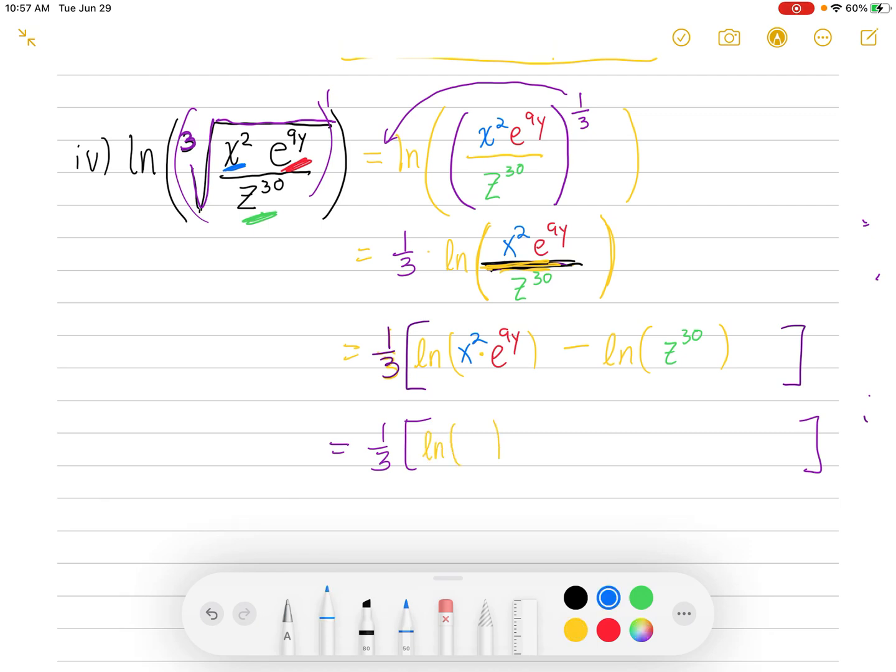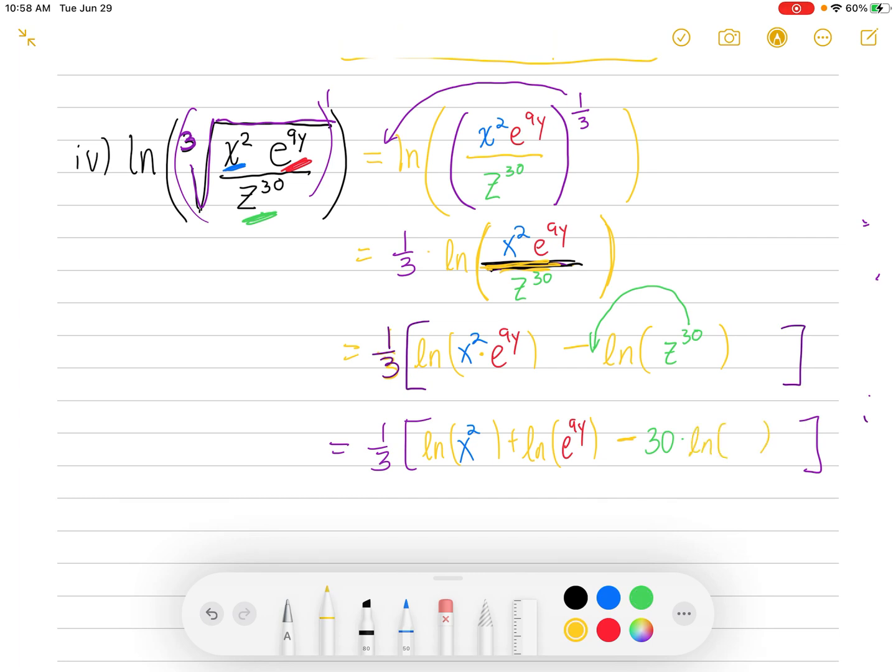So I'm going to have 1/3, and I'm going to put a bracket. Now inside of the first log, where you have the argument x squared e to the 9y, we can break that up into two because there's multiplication, right? You have the natural log of x squared plus the natural log of e to the 9y, and subtract the natural log of, well, hold up a second.